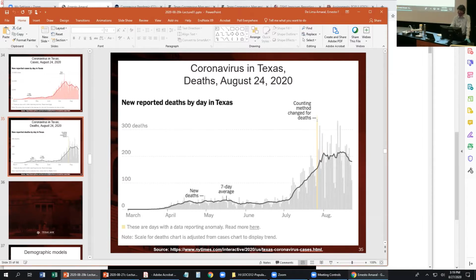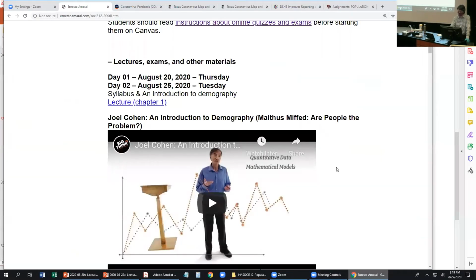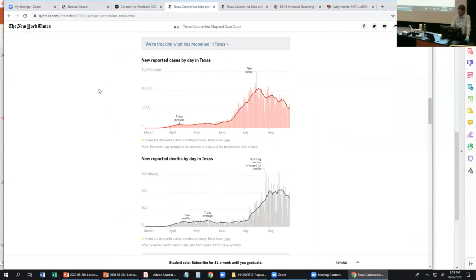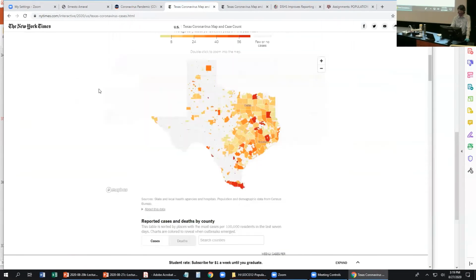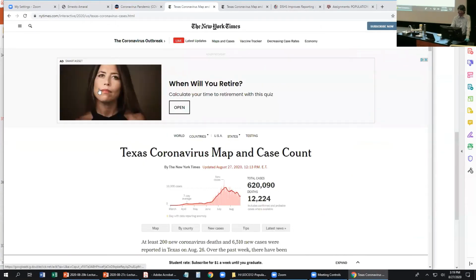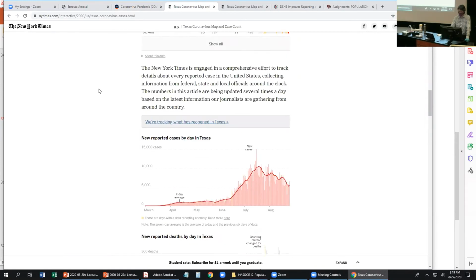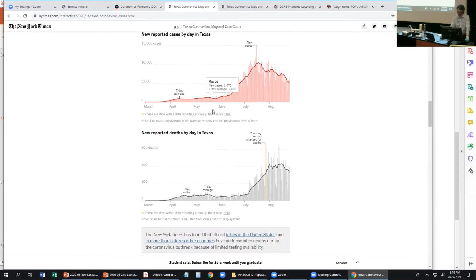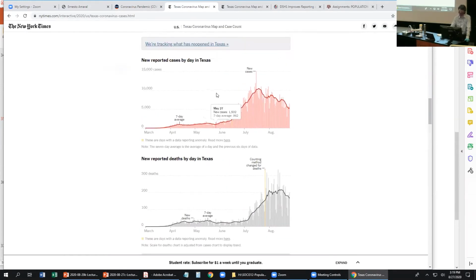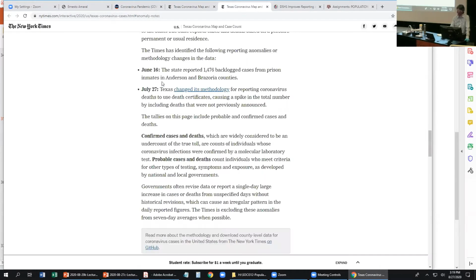Just to show you what it is about, at the top of the page you're going to see data about Texas. And then you go down. These are the 2 figures that I collected, one about cases and the other about deaths due to coronavirus in Texas. And if you click on this link here, it goes to this page.